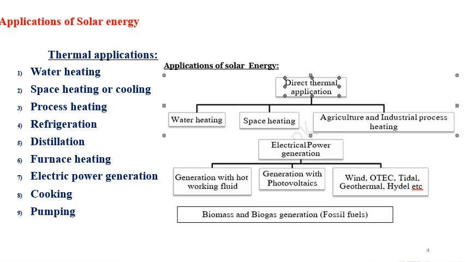Then energy from biomass and biogas refers to conversion into clean fuels or other energy related products of organic matter derived directly or indirectly from plants, which use solar energy to grow.